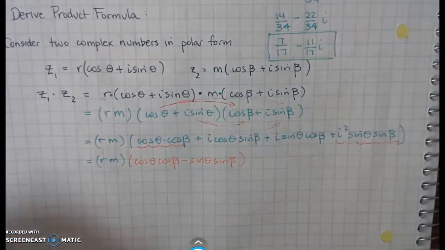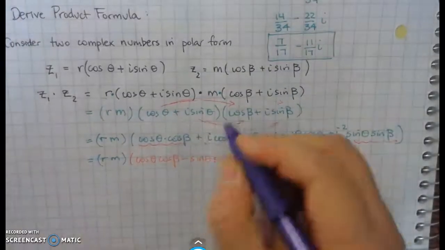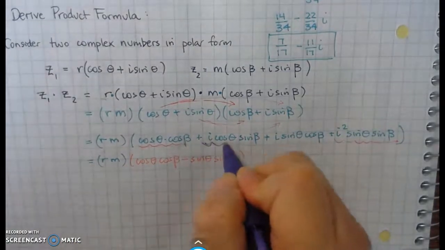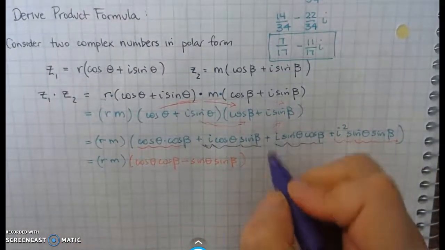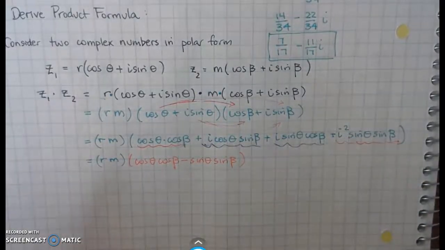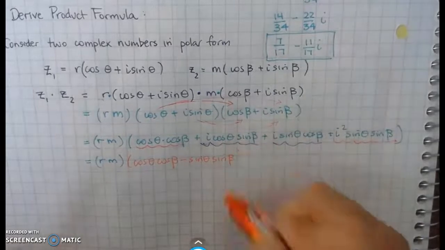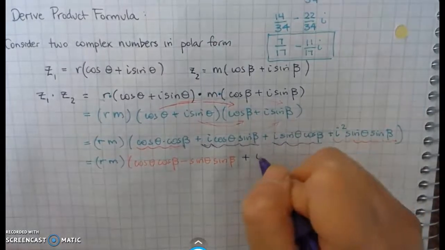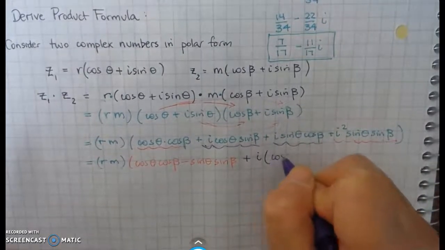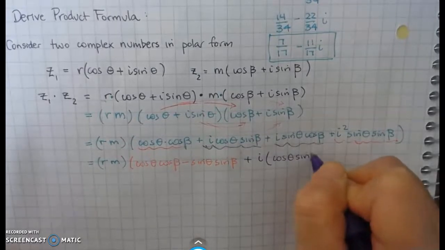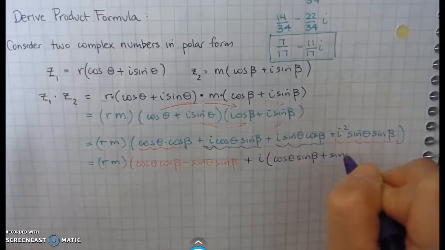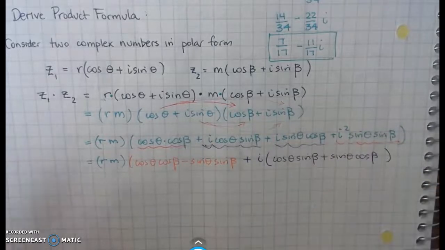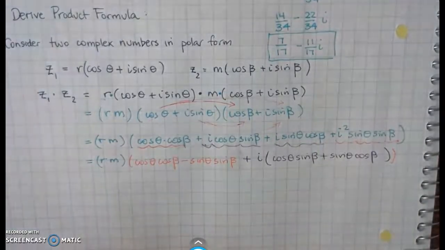I can combine both of the i's. Okay, my pen is not working. All right, here we go. So this, actually, I am not going to close the parenthesis because we are not done adding. Okay, and to that, we need to add i. I'm going to factor out the i, cosine of theta, sine of beta, plus sine of theta, cosine of beta. And then close parenthesis right there.